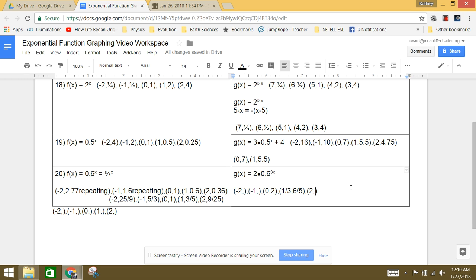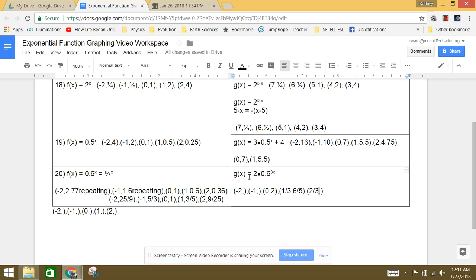All right, now let's do the same thing. Instead of 2, I'm going to make it 2/3 so that 3x gets me 2, because 3 times 2/3 is 2. So I'll have the same output for 0.6 to the 3x that I got for 0.6 to the second power, which was 9/25.